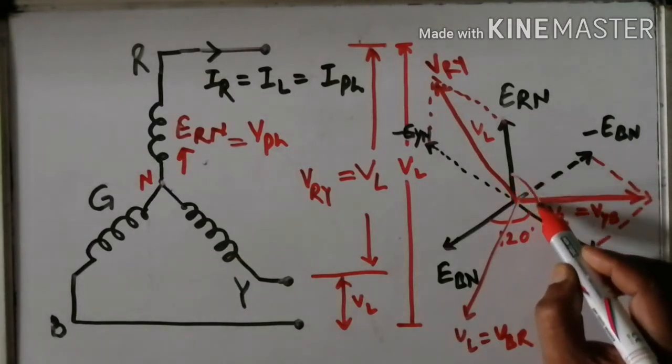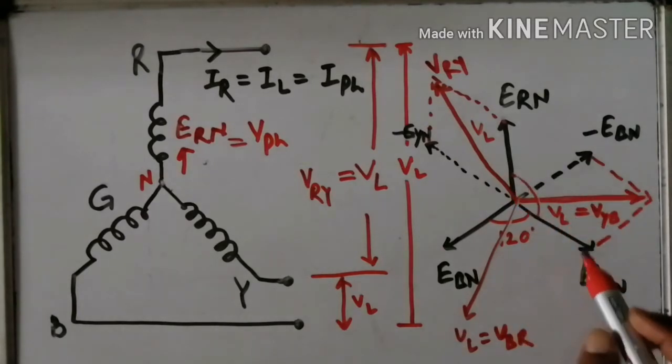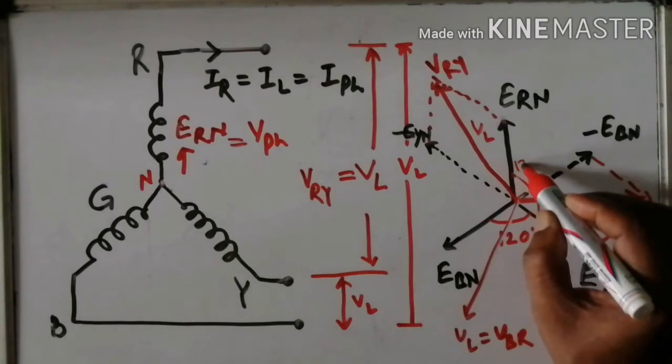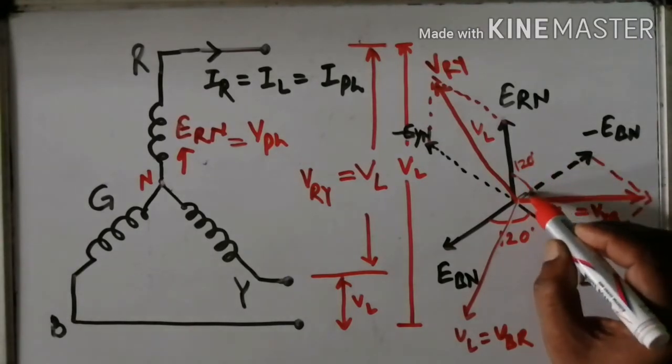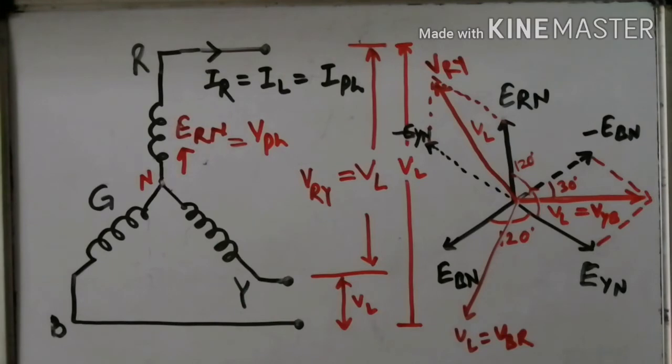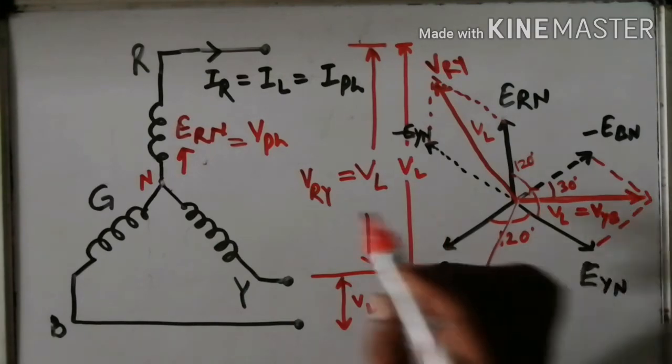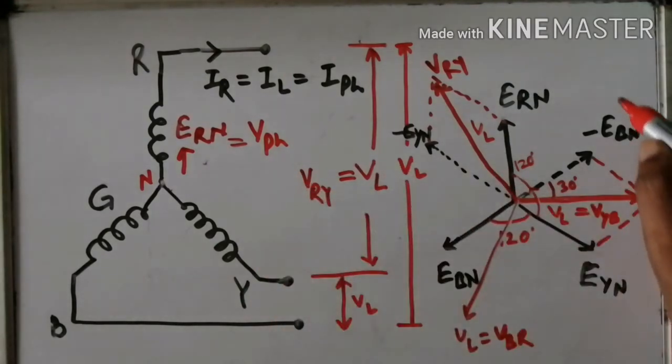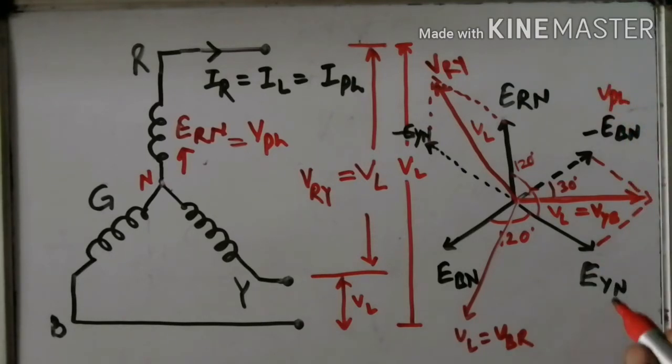This angle is 120. This one is 60 and this one is 30 only, right? That's why this one is the phase angle. This one is EPH, that is phase voltage. This one is also EPH.